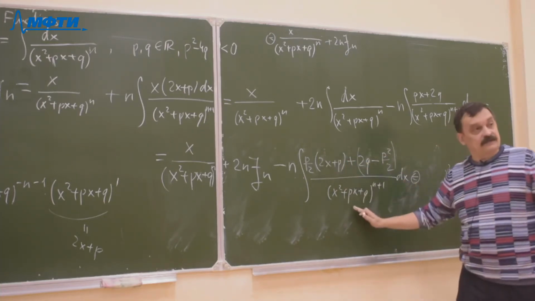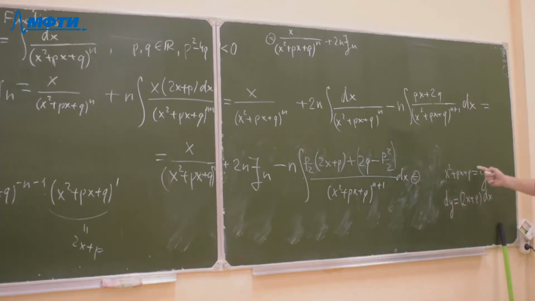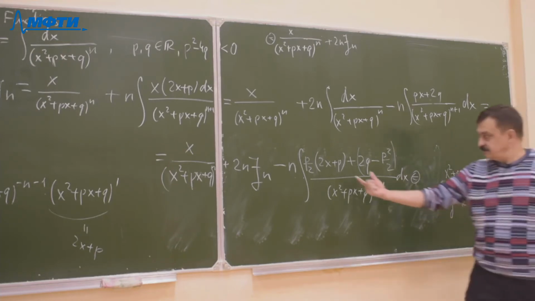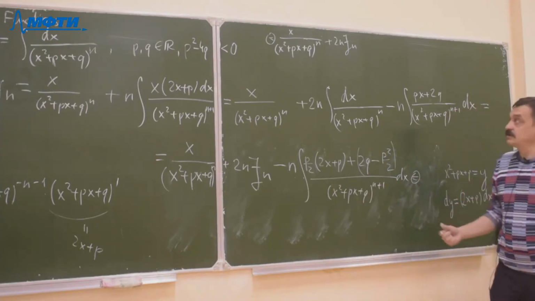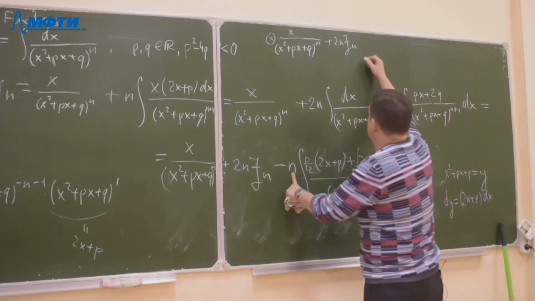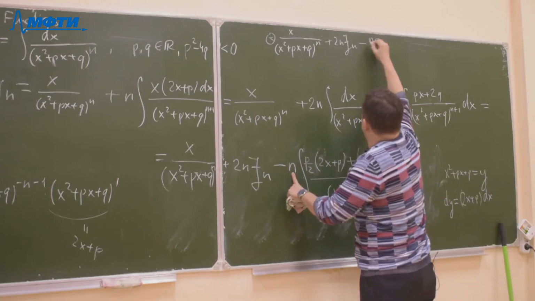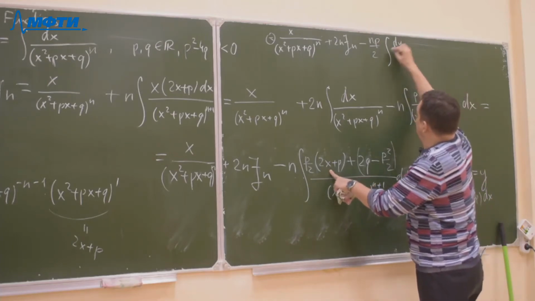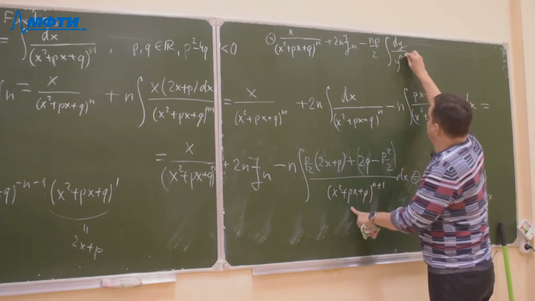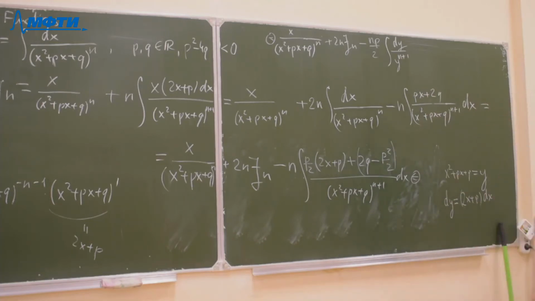The first one can be computed with the help of that substitution, right? 2x plus p dx, that is precisely what we have, (2x plus p) times dx. So the first one gives minus n p over 2 integral dy over y to the power n plus 1. That is the first one.